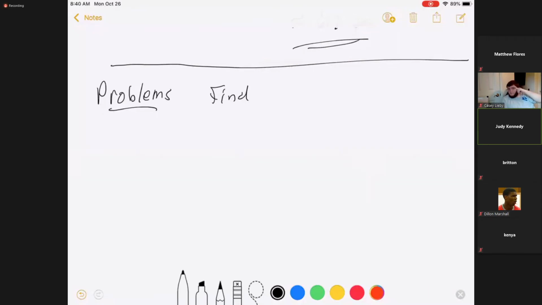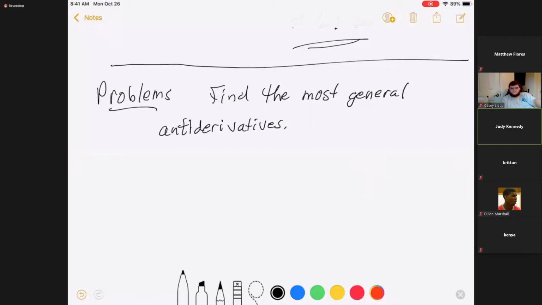This week's homework's not going to take nearly as much time as last week's did. But you should still get started early, okay? Make sure you understand. Find the most general antiderivative. After today, you're going to be completely ready to do your homework problems, all of them. Also, this is where your third exam stops, because this is the last homework that will be due before the third exam.